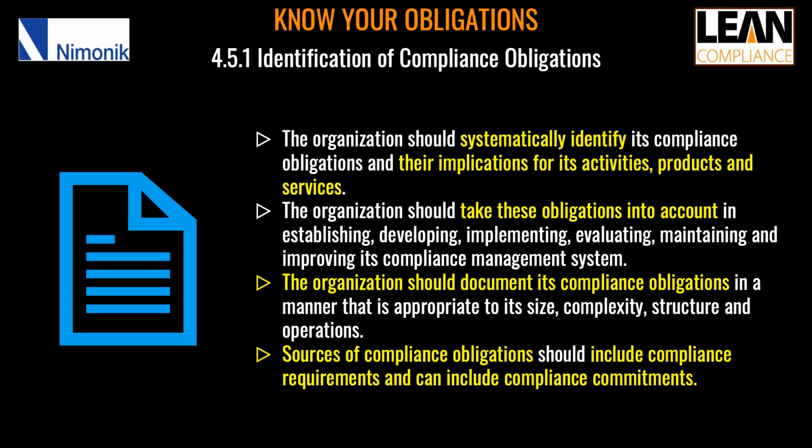We need to know the implications those obligations have on our business, on the activities, the products and services, for sure. We need to know how to take these obligations into account. How should they be incorporated in our business? What are we going to do about this? How much rigor or investment are we going to invest in these obligations?